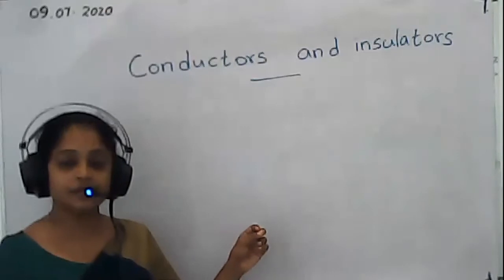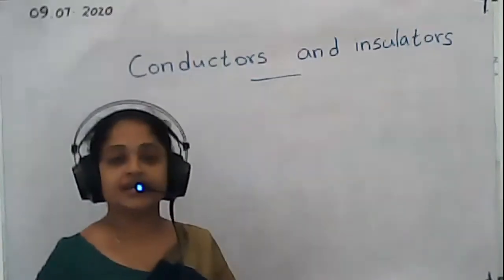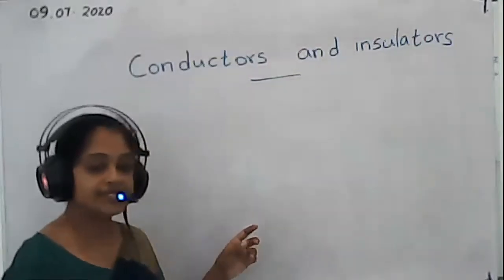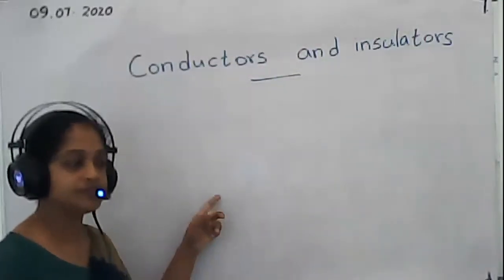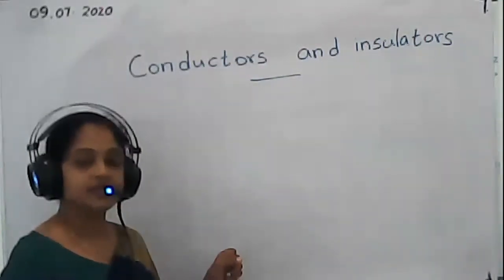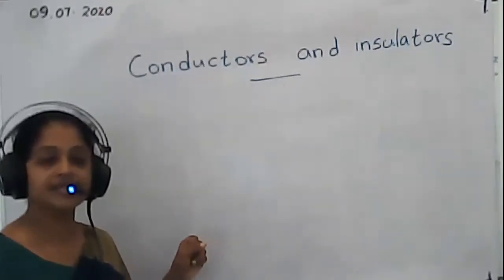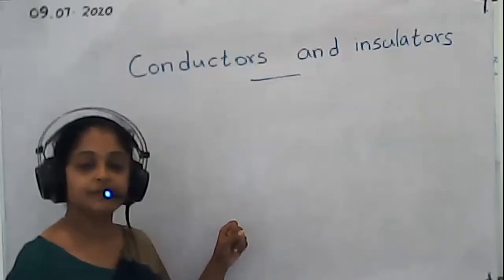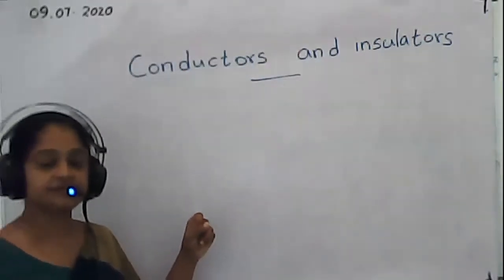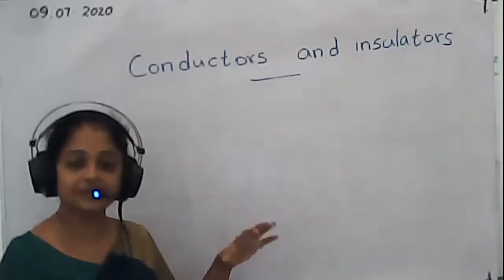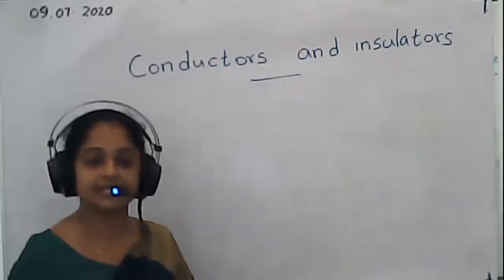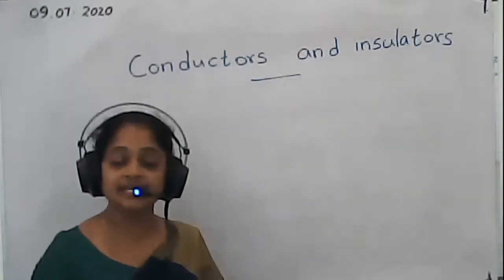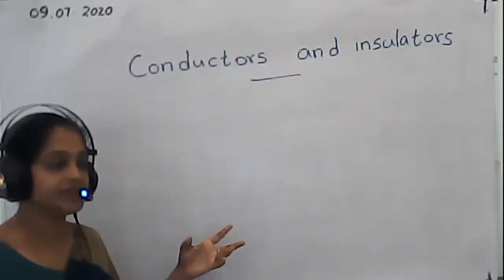You can see activity 8.8 in your textbook. Okay, children, activity 8.8 is based on a simple circuit. Now we are going to learn about conductors and insulators.